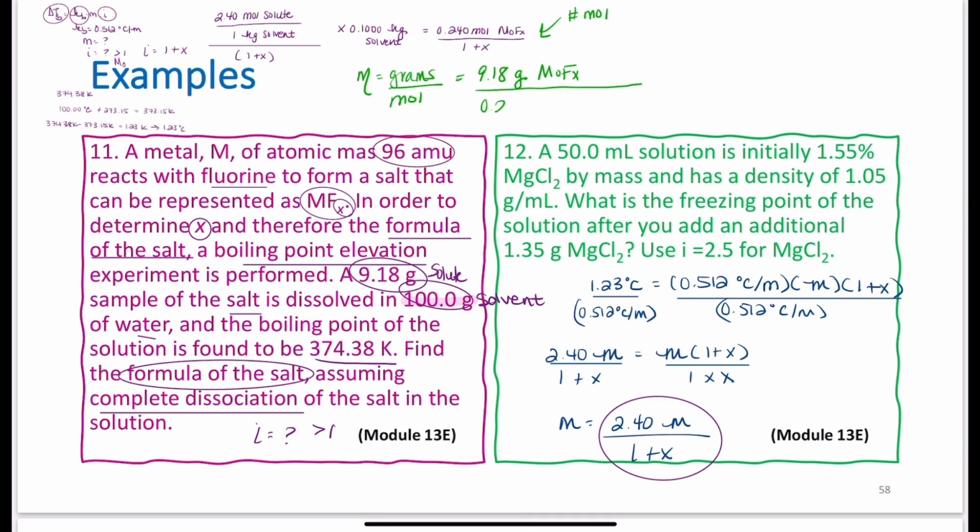And I know my moles is 0.240 moles of MOFX divided by that 1 plus x. I don't know why, but writing 1 plus x is really difficult. Okay, try not to let that color blend in too much right there. I should have used a different color, just to kind of separate it.